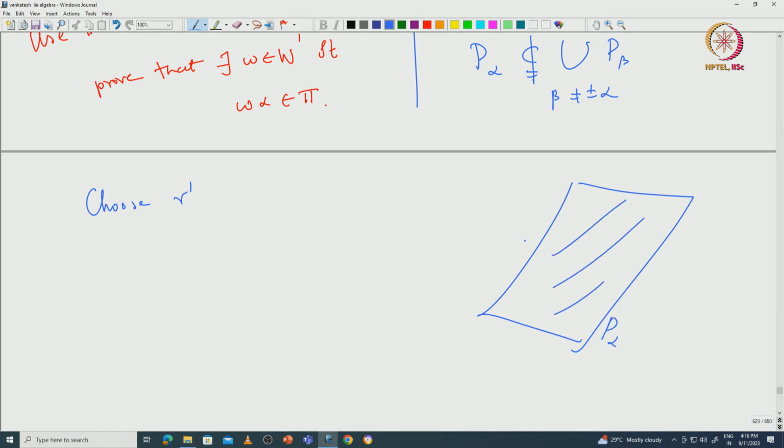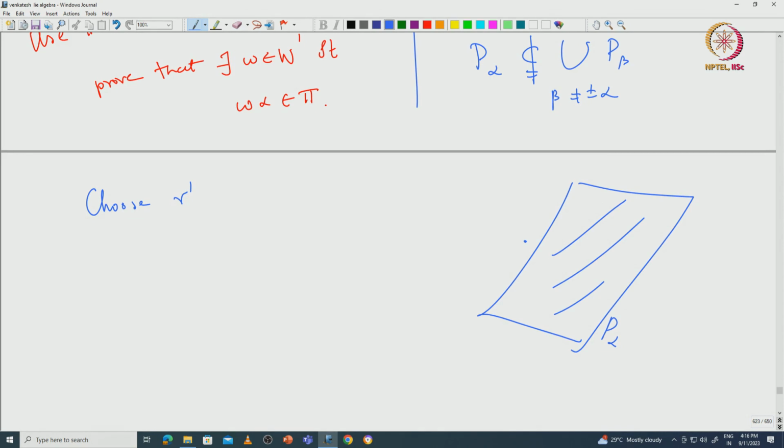This gamma dash is a regular element that is closer to this P_alpha, but it stays away from the other hyperplanes, because there are only finitely many hyperplanes inside this E. So, you can see that one can talk about the distance between these hyperplanes.